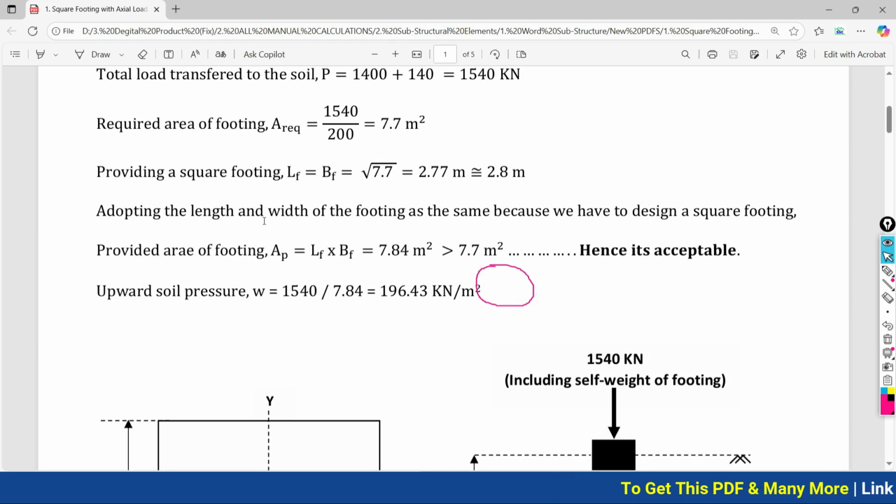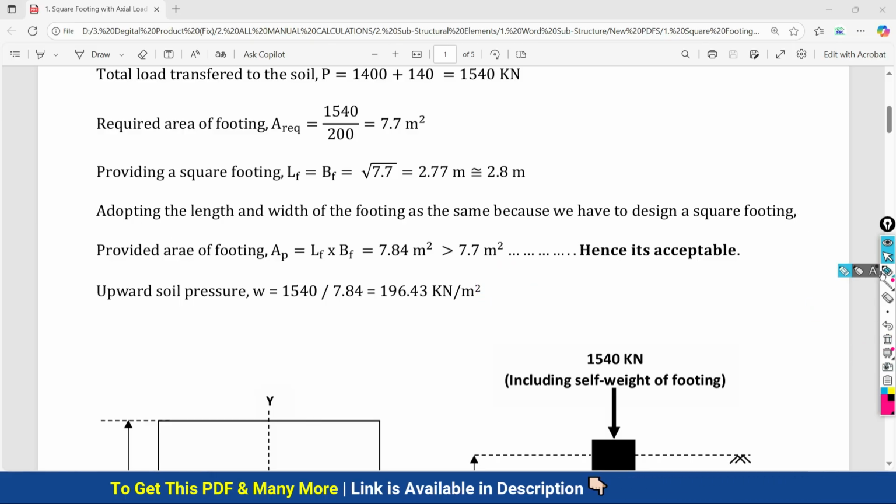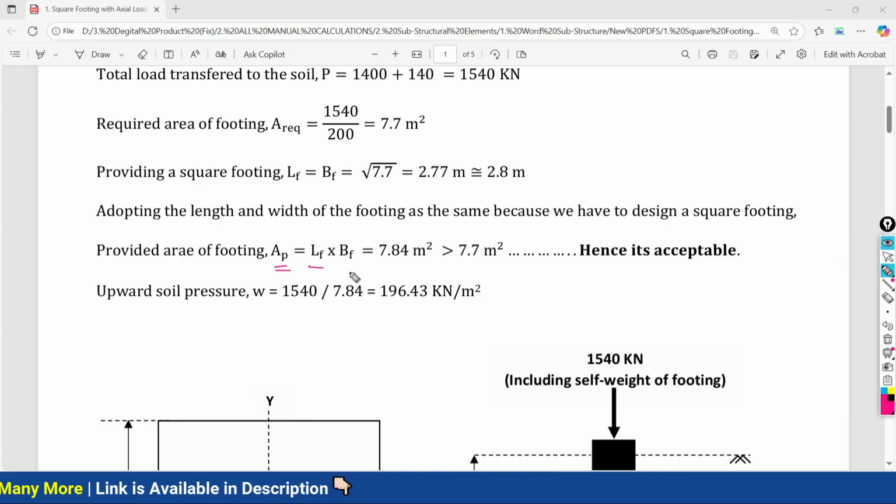Now we adopt the length and width of the footing as the same, because we have to design the footing as a square footing. Finally, area of the footing provided, how much? Length times width is going to become 7.84 meter square, which should be greater than the required one.